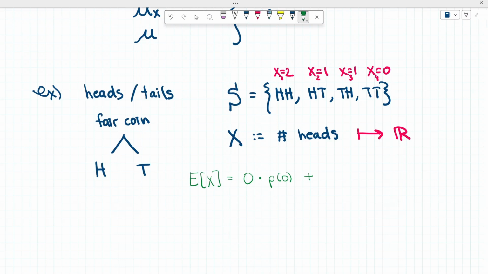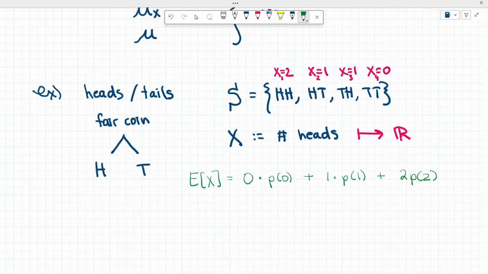We have 1 multiplied by p of 1, and then plus 2 times p of 2. There we go. We have all the values right over there.